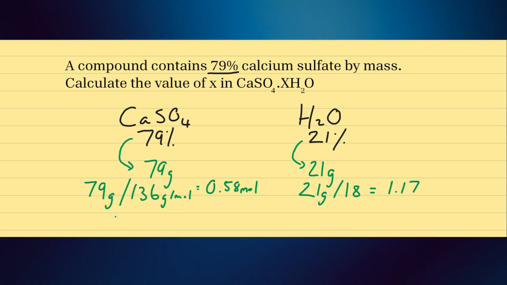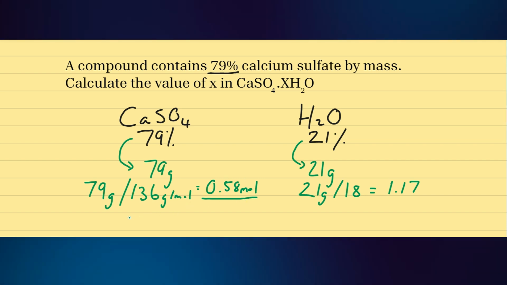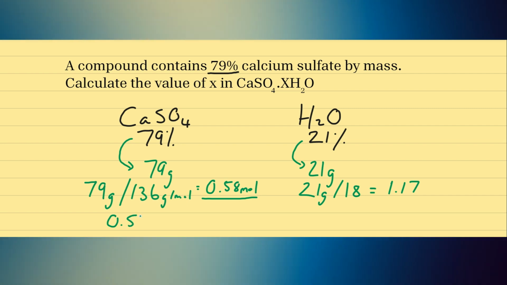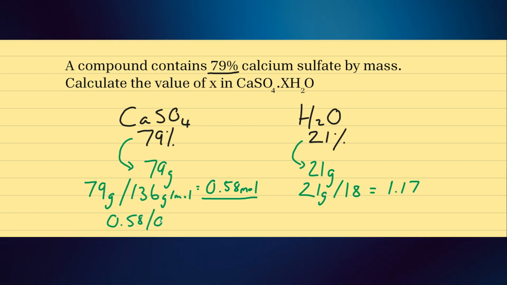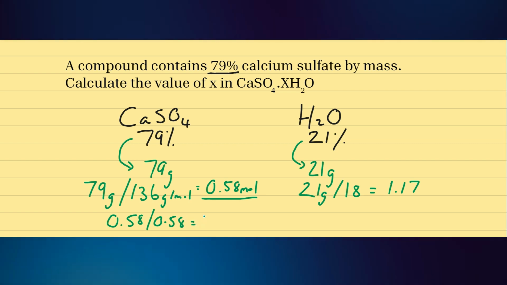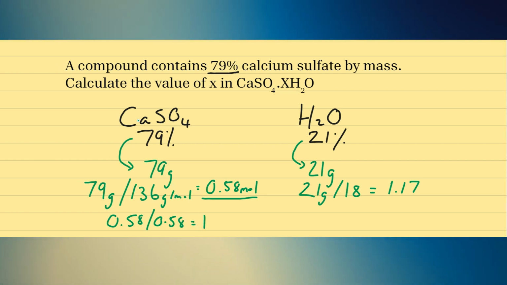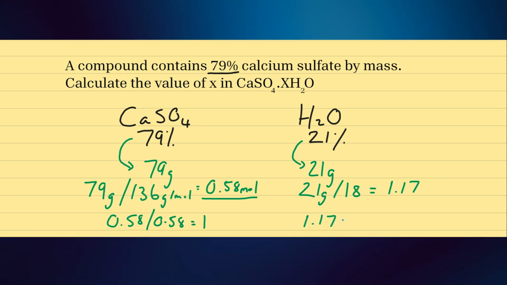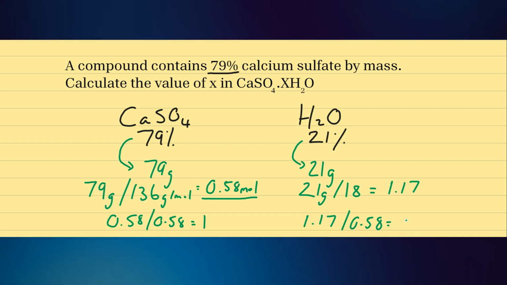Now, I need to find the smallest number of moles, and that's actually 0.58 in this question. So 0.58 is what we're going to divide by in both cases. It gives me 1, so that means I have one lot of calcium sulfate. And if I do 1.17 divided by 0.58, that gives me 2.